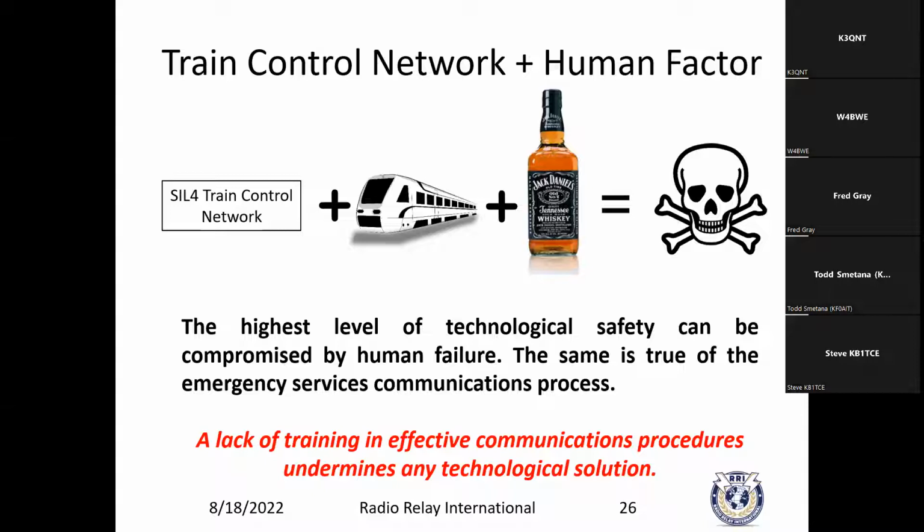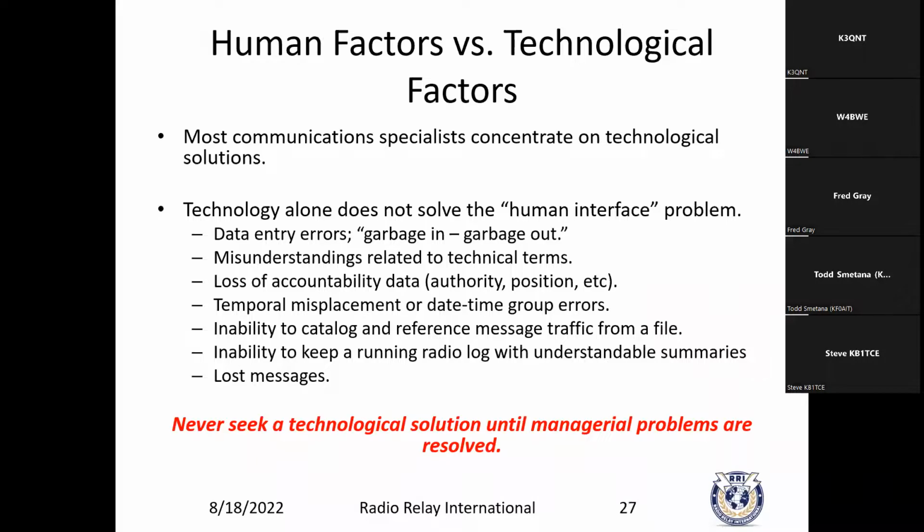And the processes, say, at the input side of the communications process, that is maybe having somebody review message traffic before it's released into the system, is sometimes every bit as important, if not more important, than the technology itself, right? So that's another thing we wanted to look at.